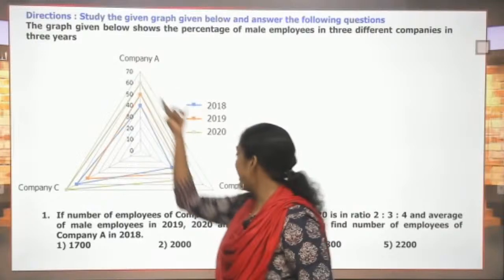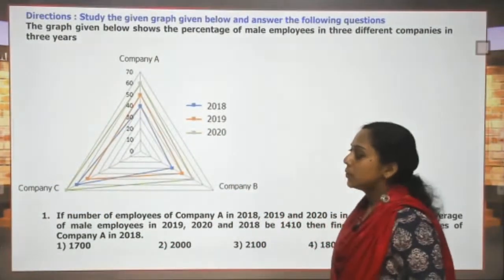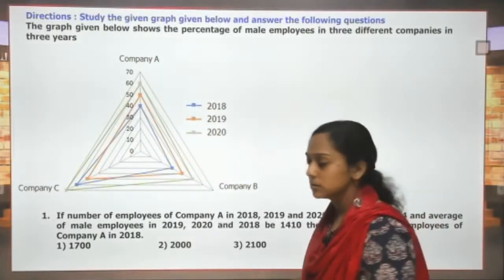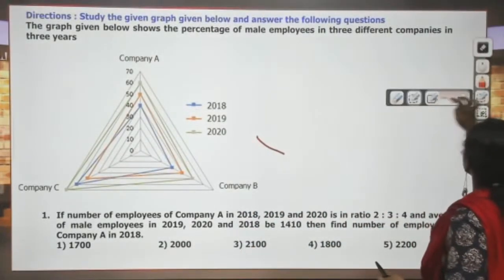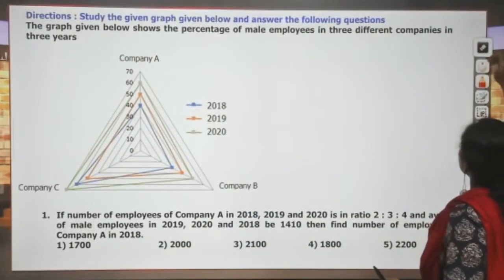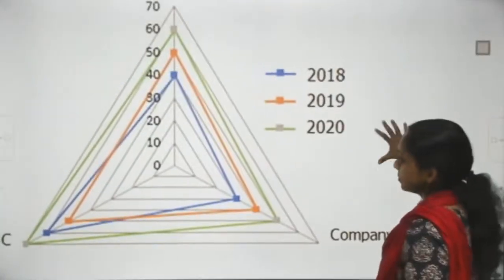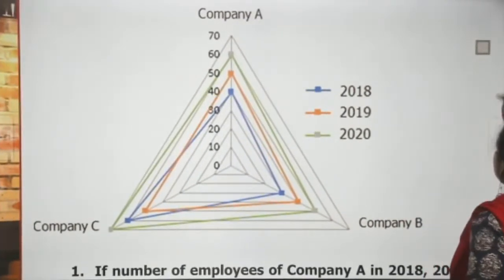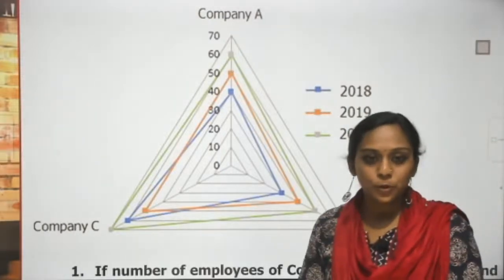This is company A, this is company B, and this is company C. Is it clear? Can you see the graph clearly, or should I zoom in? I hope it is clear now.